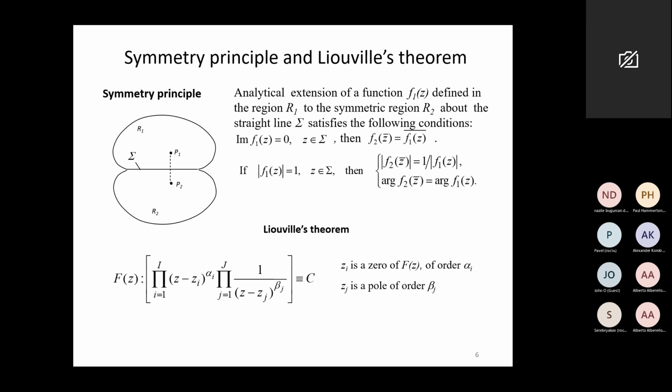There are many possibilities. It depends on the experience of the researcher which kind of parameter plane to choose. And in that case, we will need to extend the function obtained in the parameter region to the whole parameter plane, through the axis, through the boundaries.